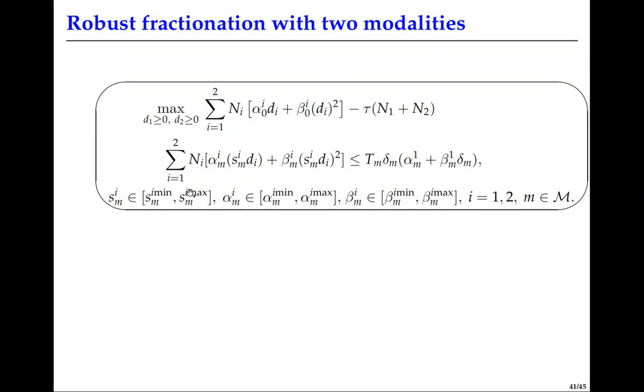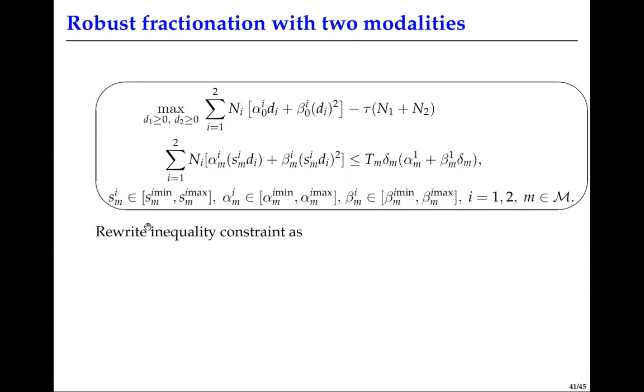One of the reasons why I included this interval uncertainty for the pairing factors here is that especially for the alternative modality, so modality 2, which is protons, if you go back and look at the picture for its dose deposition profile, I discussed the fact that it has something called a Bragg peak, but the location of the Bragg peak is actually uncertain, and that can be captured in this model by using the pairing factor.